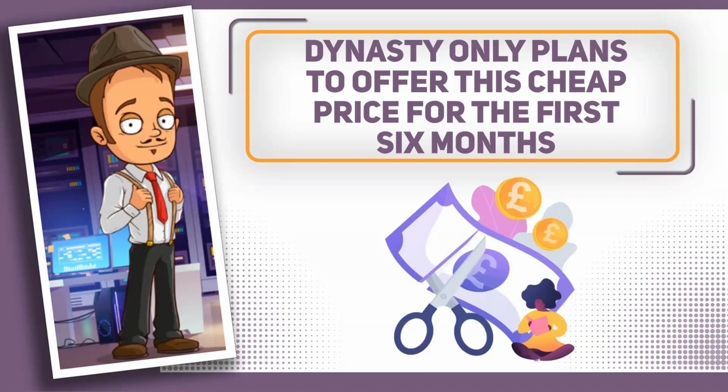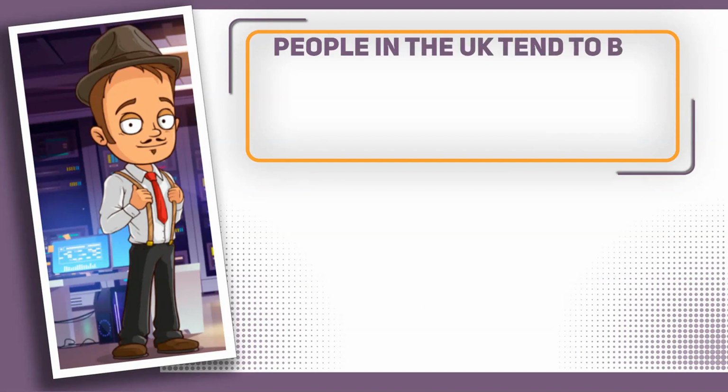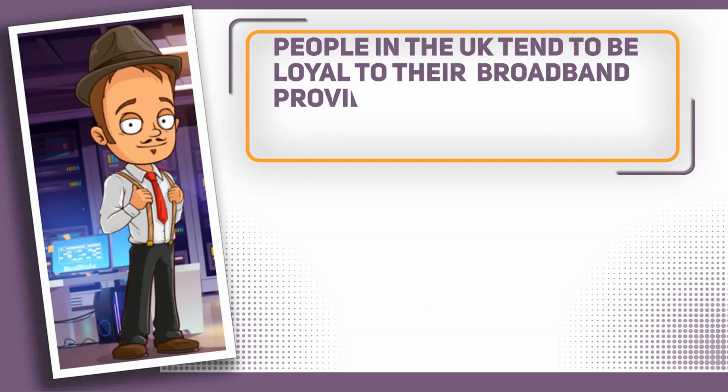So, Tim decides to run a big advertising campaign on TV, and also uses social media to promote their $9.99 offer. He knows that people in the UK tend to be loyal to their broadband providers, and they don't often switch.